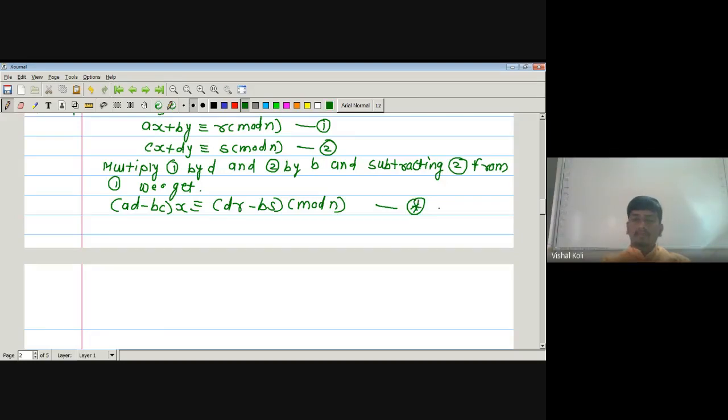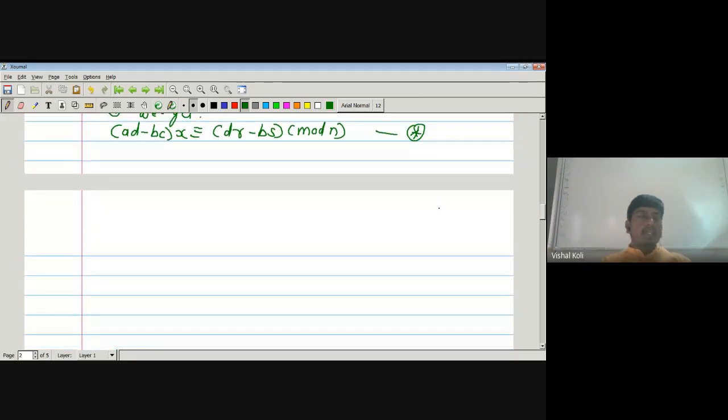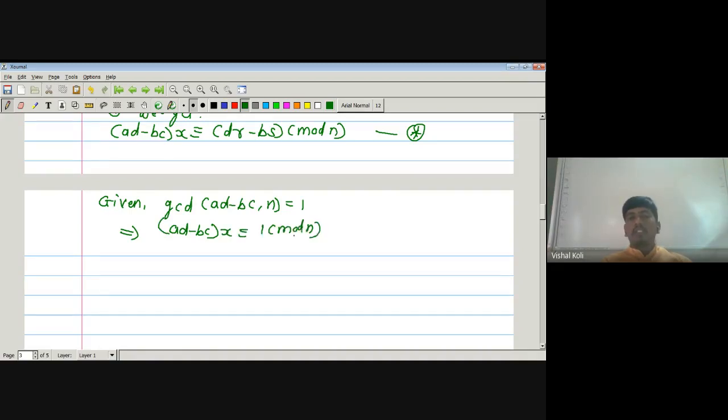Now here it is given that GCD of (ad minus bc, n) is equal to 1, which implies (ad minus bc) x congruent to 1 modulo n has a unique solution, since the GCD is 1 and it divides 1.